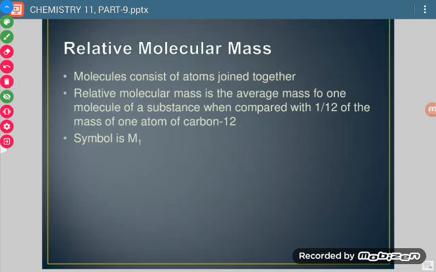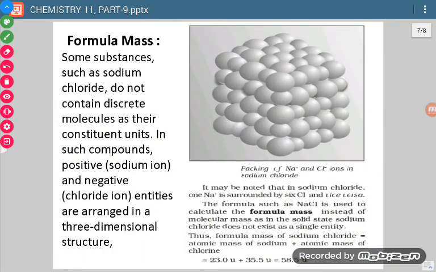Its definition is exactly the same as the definition of atomic mass. Relative molecular mass is equal to the mass of a molecule divided by 1/12 of the mass of an atom of carbon 12. So the definition is similar, just the words atom and molecule are to be replaced.